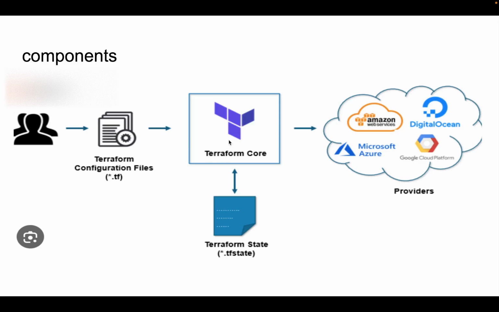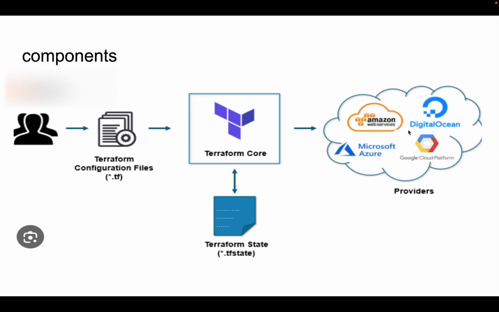So the Terraform core itself is going to read, line by line, what you want. That is your desire. You desire to create, let's say, a list: EC2, S3, IAM. So it's going to read your desired state, use what we call your provider, connect to your provider, and check what you already have.